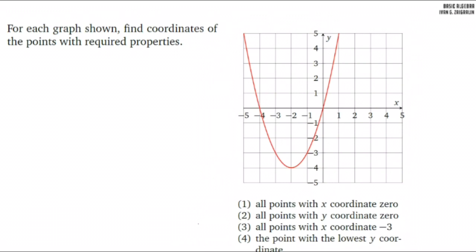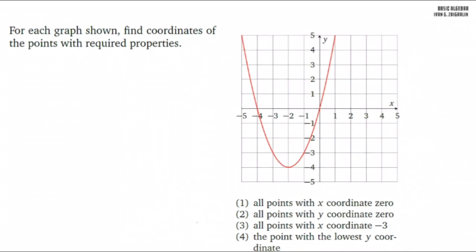This question is like the previous one, but the graph is different, and in this question we want to find all the points that are asked. 1, all points with x coordinate 0, and this point is A. A is here. A with x coordinate 0 and y coordinate 0.